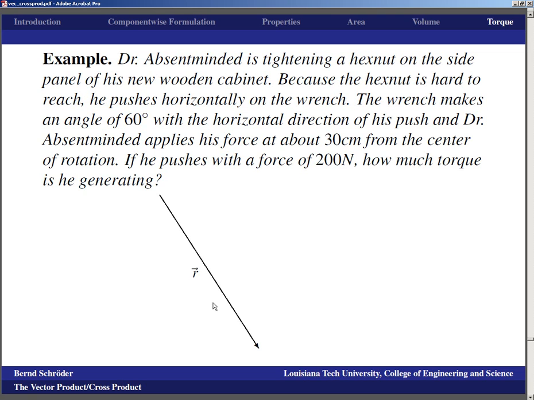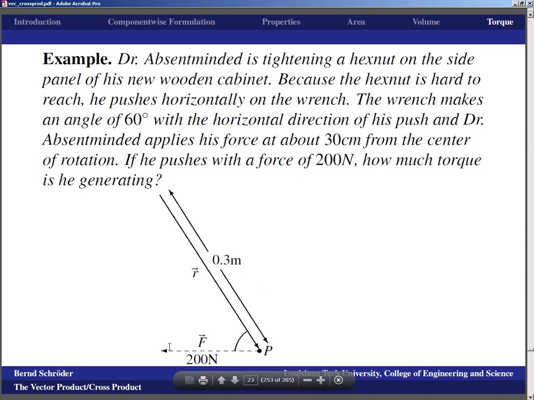Well, here's the radius. Here's the point of action. Here's the force. Now the angle between this line here and the force: the length is 30 centimeters, which is 0.3 meters. The force is 200 newtons.